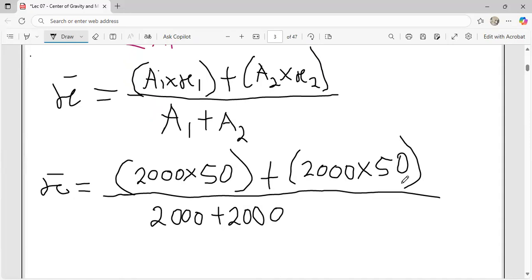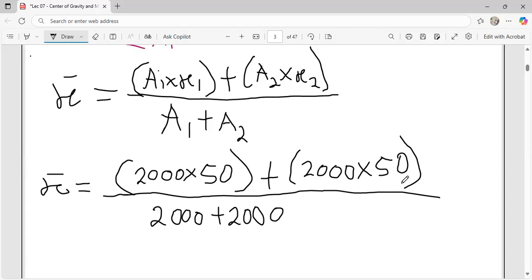Let's all quickly point this together on the calculator. 2000 times 50, all in brackets, plus another 2000 times 50, all in brackets, all over 2000 plus 2000.